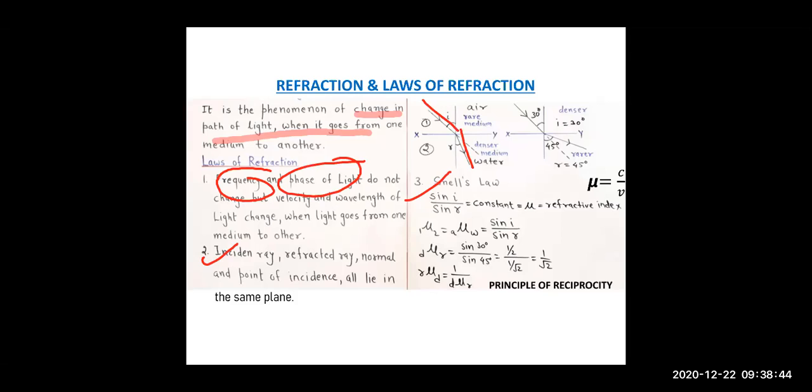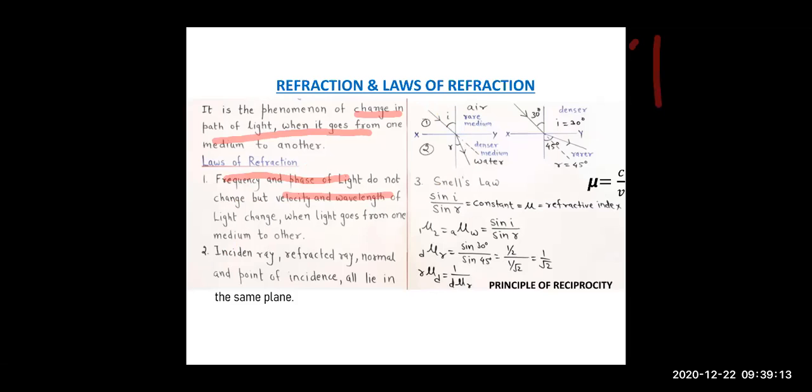It is totally on the source. If you change the source of light, then only the frequency or the phase may change. Otherwise, it will remain constant, right? So when refraction takes place, only the velocity and the wavelength change, but the frequency and the phase of the light do not change when light goes from one medium to another.